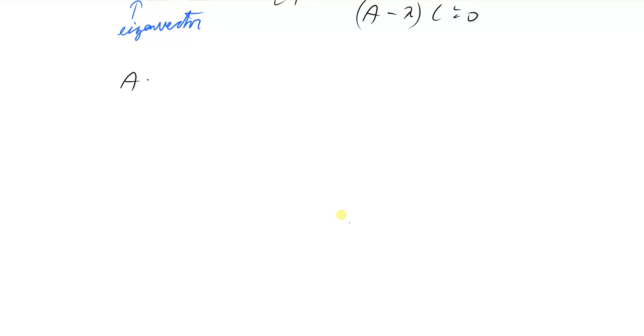So the determinant of A minus lambda equals 0. That's to find lambda. And then c, I'm going to use nu later on to represent the eigenvector. With the eigenvalue and the eigenvector, we can solve the equation.